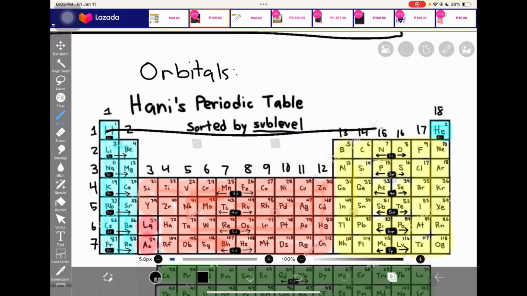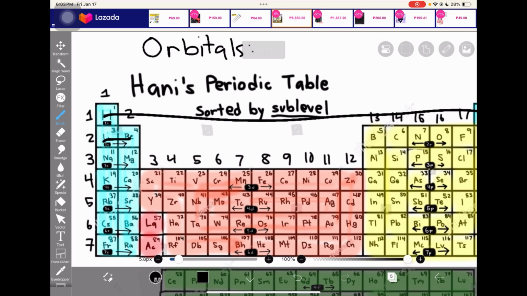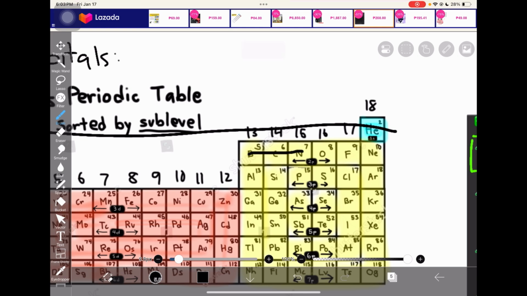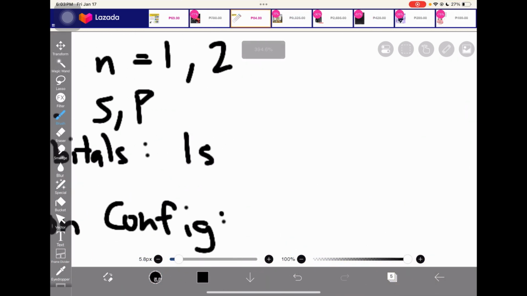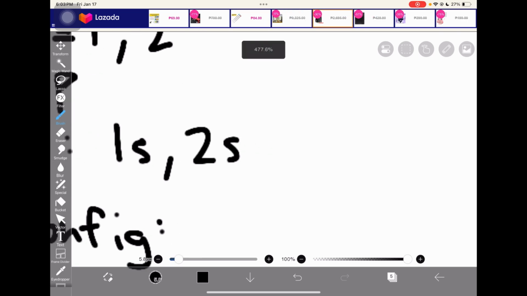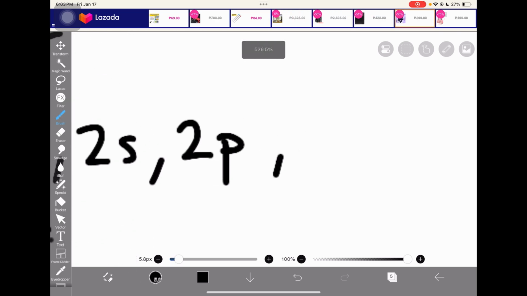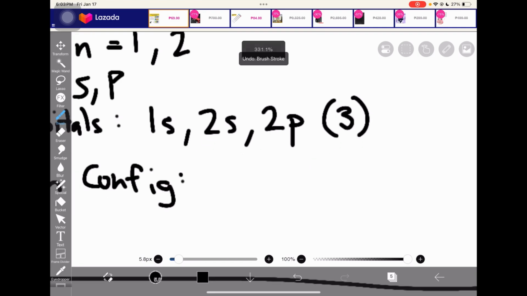So this stroke for 1s, 2s, and 2p gives a total of 3 orbitals.